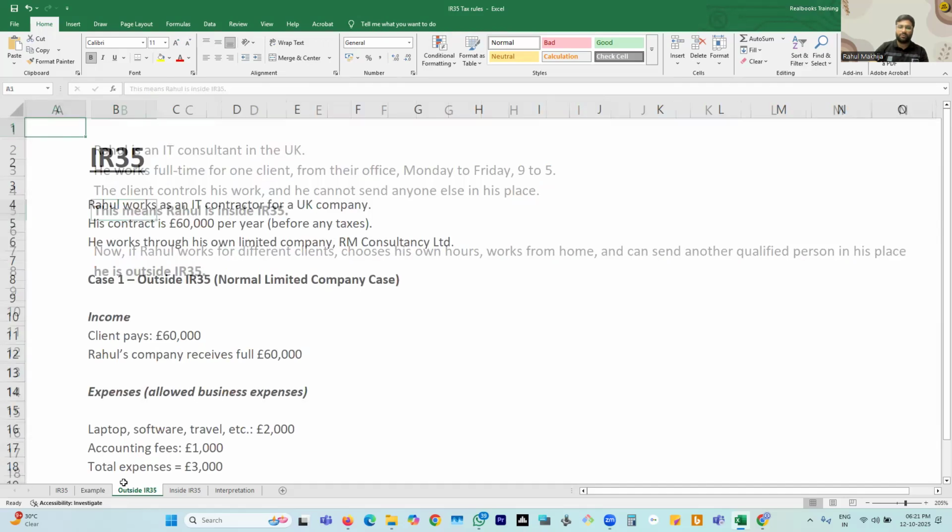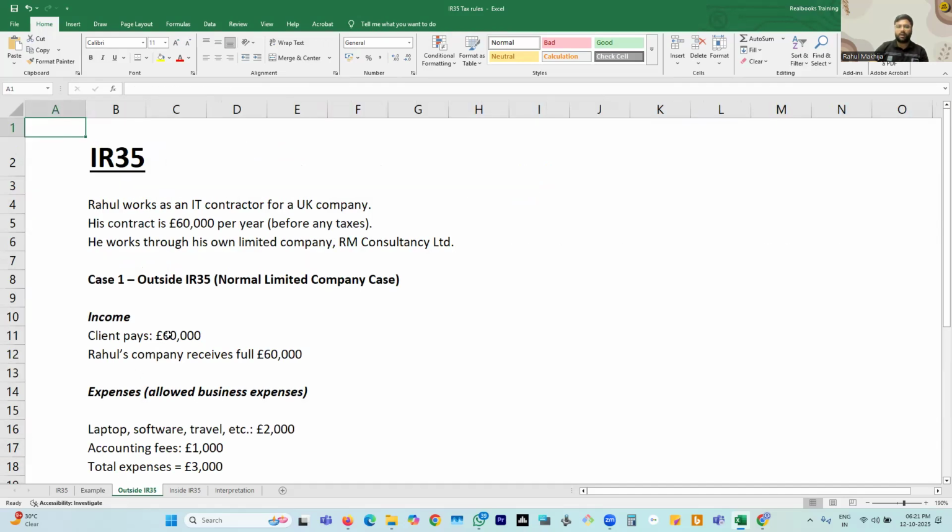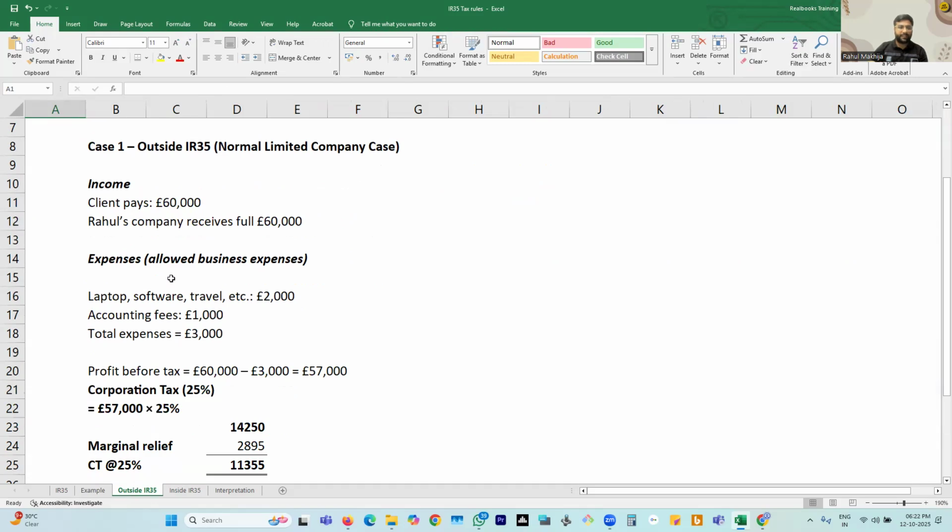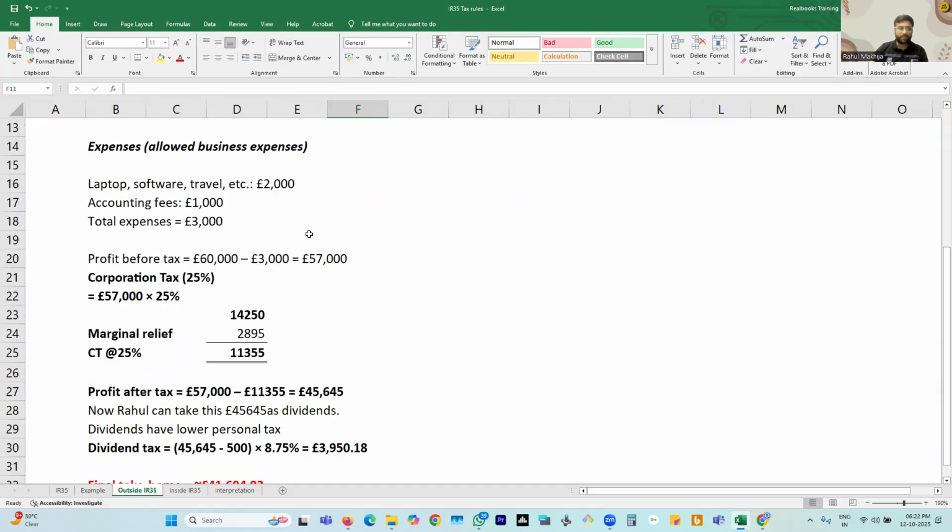Now, what is outside IR35? Rahul works as an IT contractor for a UK company. Let's assume that his contract money or agreement is £60,000 per year, and he works through his own limited company, RM Consultancy Limited. So case one is all about outside IR35, the normal limited company case. Okay. So the client is paying 60,000, Rahul's company receives the full 60,000.